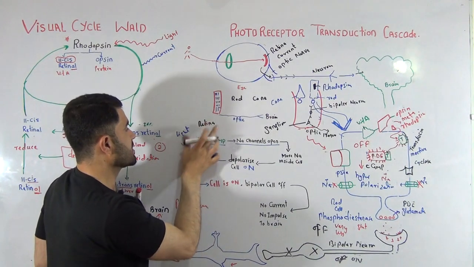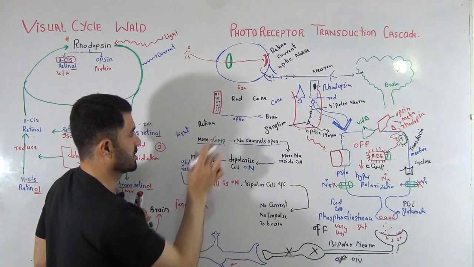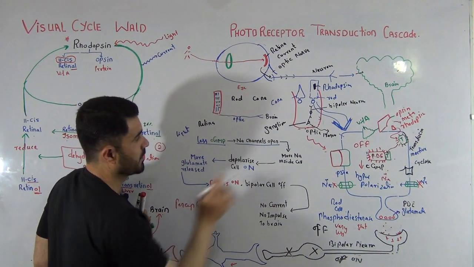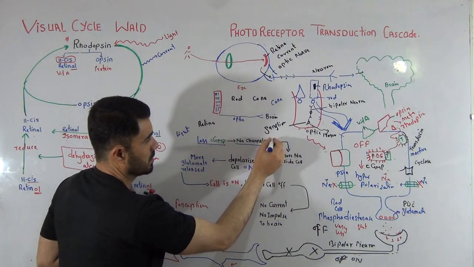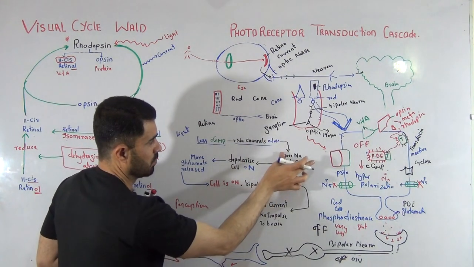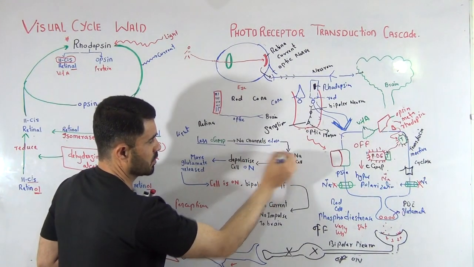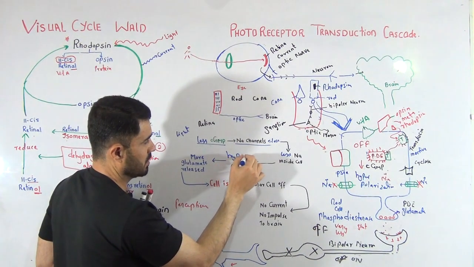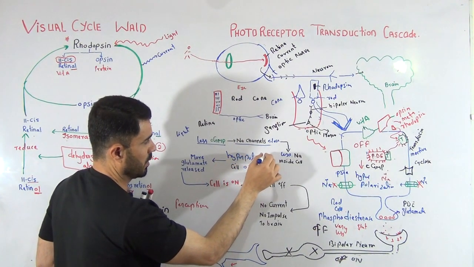But when there is light, there will be less cGMP, channels close, less sodium, hyperpolarized. Now you can go in reverse order.